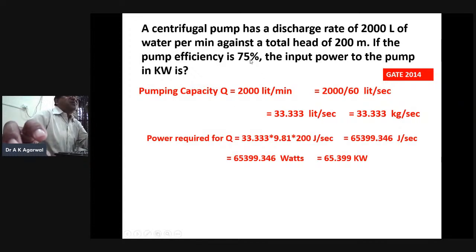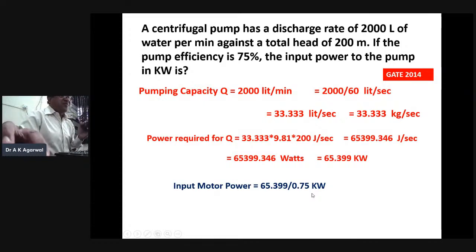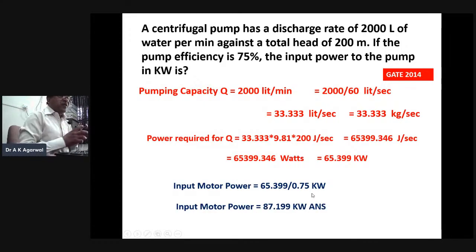So motor power will be 65.399 divided by 0.75 kilowatt, which is equal to 87.199 kilowatt. Okay, this is the answer. This question was asked in GATE 2014.